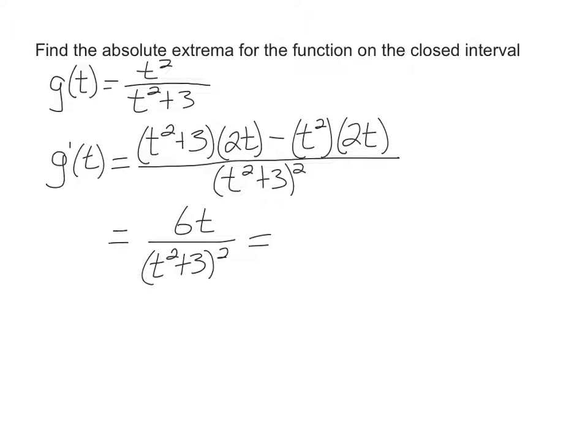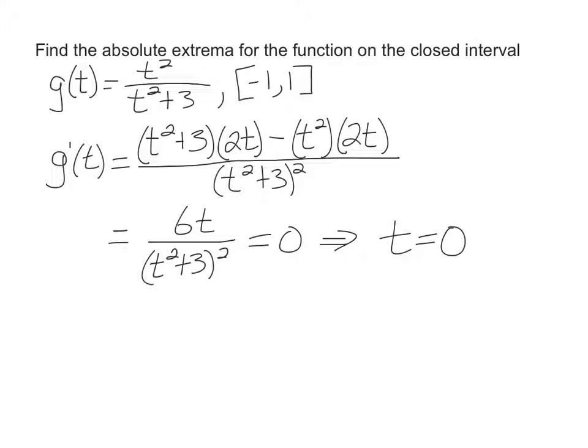So when we set this equal to 0 and solve for t, we'll simply get that the 6t in the top equals 0. Multiply both sides by this, and you'll get that t equals 0. The interval we are working on goes from -1 to 1.